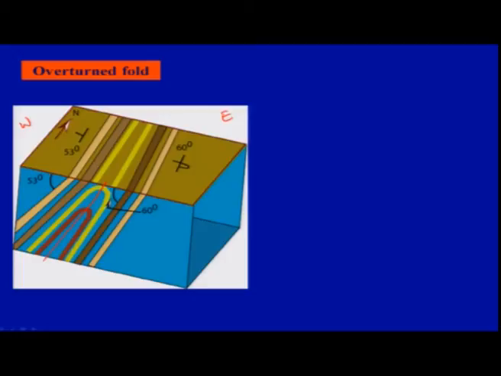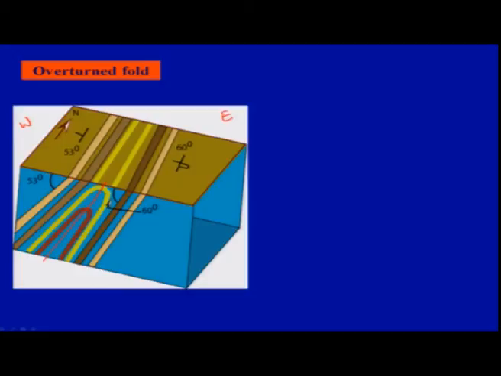On the western side of the limb, the dip is around 253 degrees, and this is also dipping in the same direction, but they have overturned. As we were talking about, if the layers are overturned beyond the vertical, then we term that an overturned fold. So what we look at here is the top view.